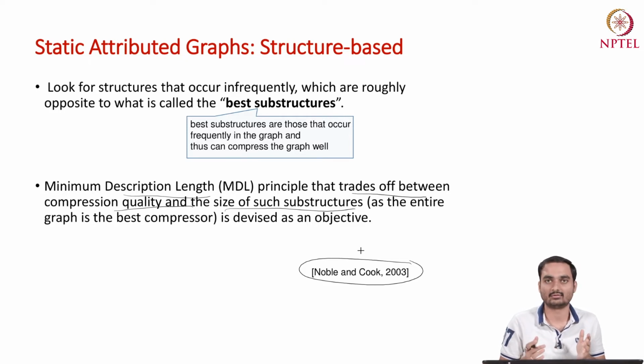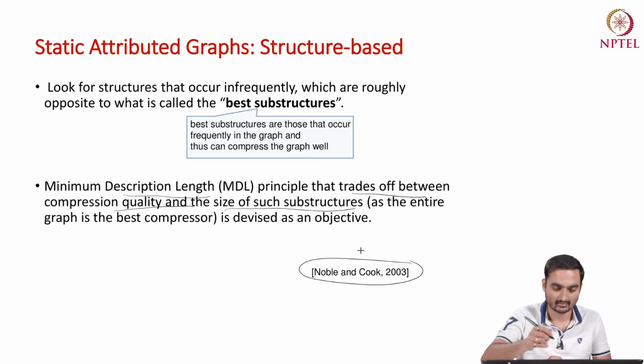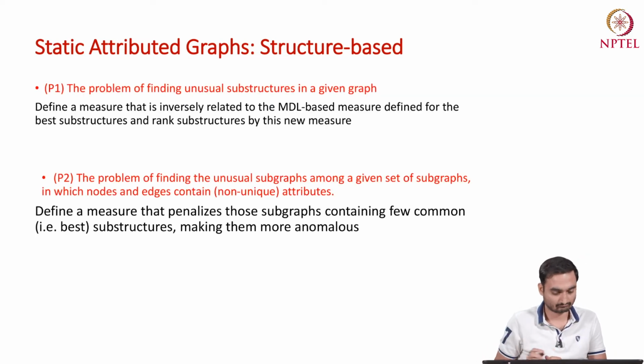I am not going into the details because information theory itself is a concept you need to understand separately, and that requires quite significant time. So I will not go into that part, rather I will go into those algorithms which are based on the foundations that we have discussed so far. As I mentioned in problem 1, how to find an unusual substructure?